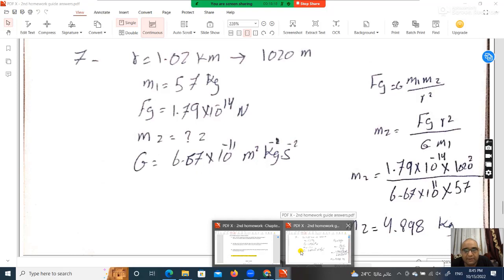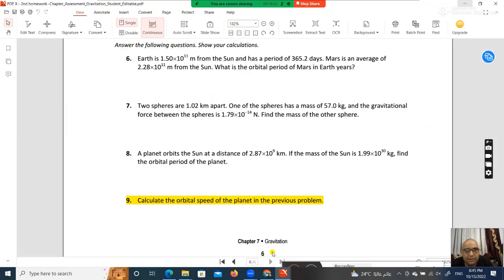Question number 7. Two spheres are 1.02 kilometer apart. One of the spheres has a mass of 57 kilogram, and the gravitational force between the spheres, Fg, is 1.79 times 10 to the power negative 14 Newton. Find the mass of the other sphere.